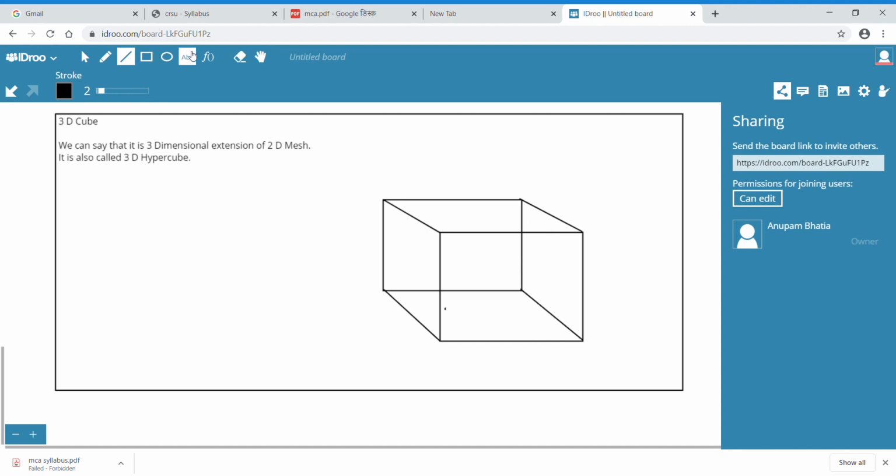The critical parameters which are defined for your 3D cube, or the 3D hypercube, you can also say, is that your diameter is equal to 3 into cube root of n here.